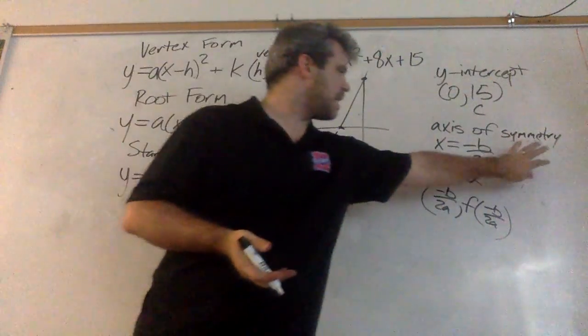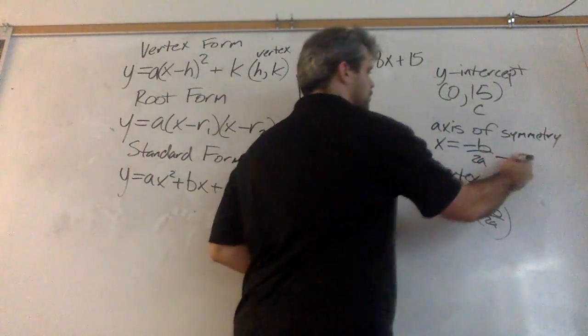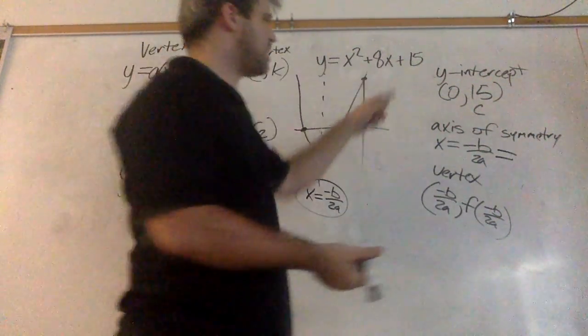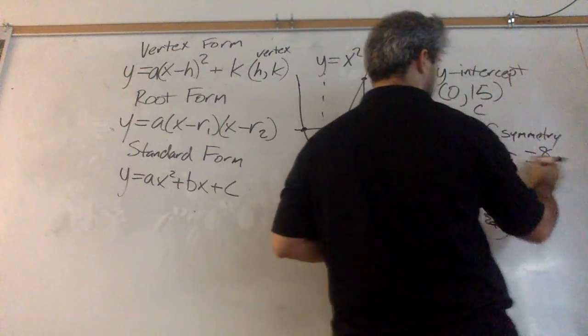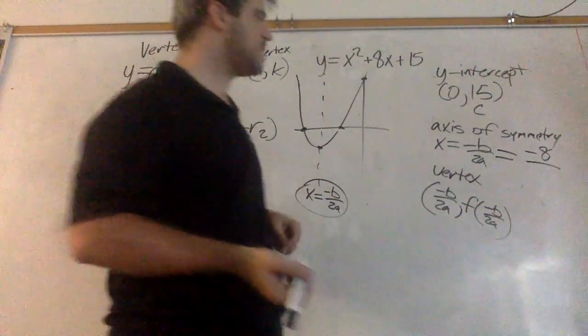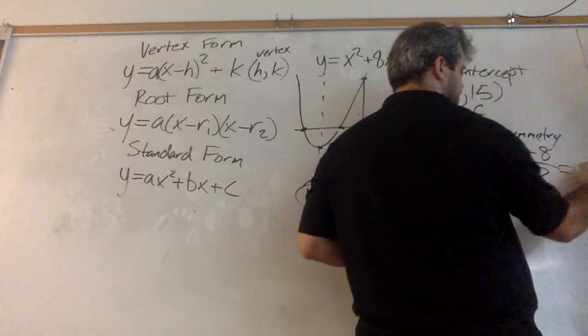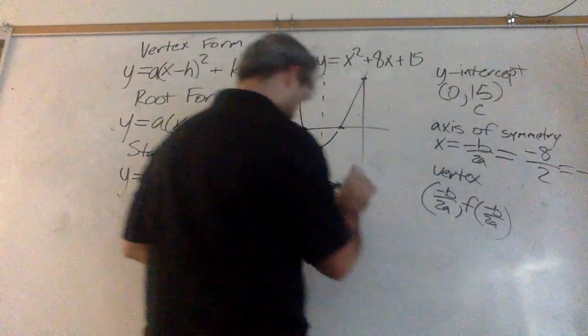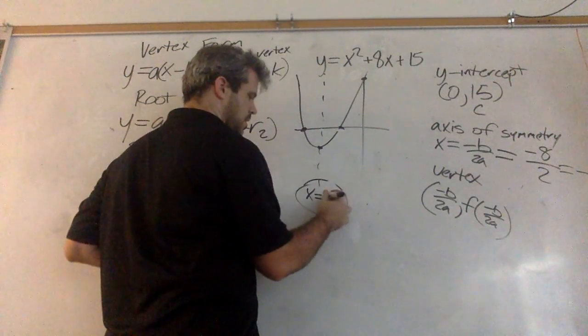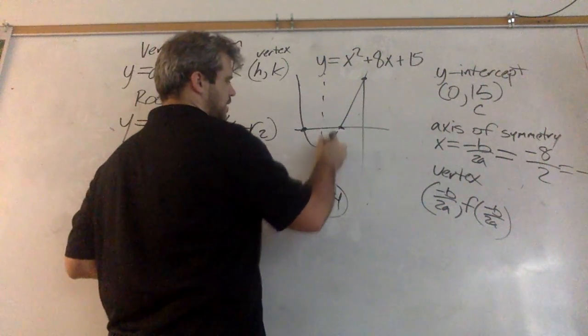So I forgot to actually solve for it right here. Negative b, that's negative 8, over 2a, so 2 times 1. So our axis of symmetry here is x equals negative 4.